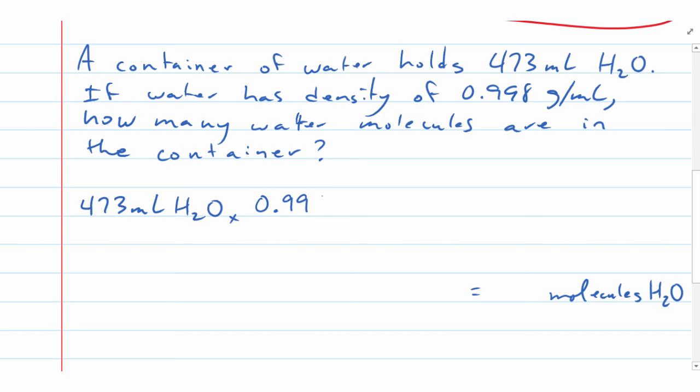And this one we should even be able to figure out using dimensional analysis. If the density is 0.998 grams per milliliter, we'd put grams on the top and milliliters on the bottom. And if we want complete units, if this is the density of water, this means that we have grams of H2O on the top over milliliters of which stuff?